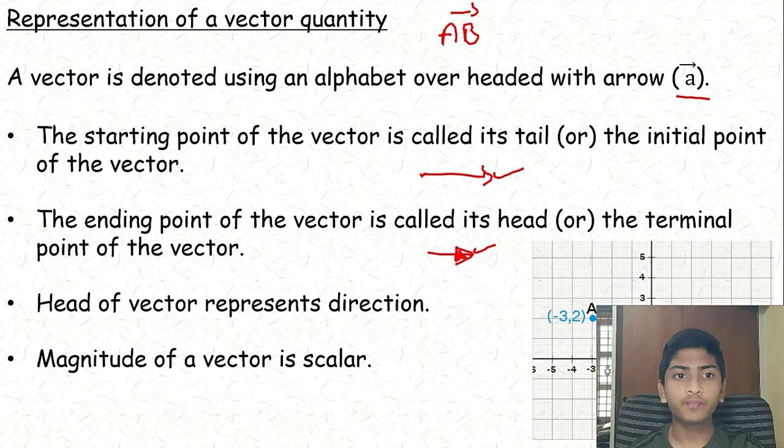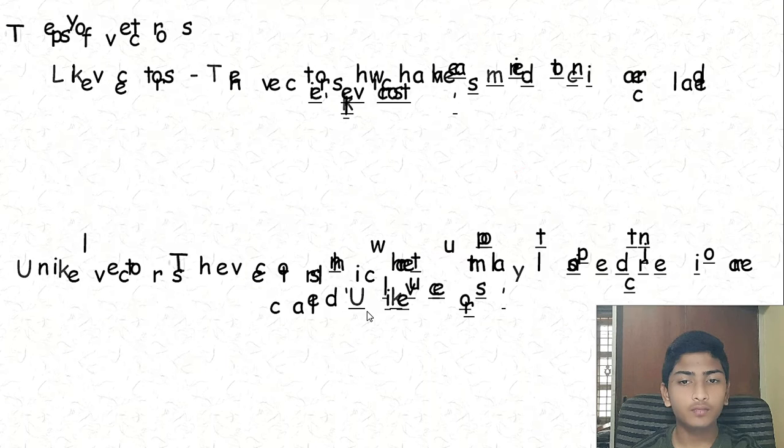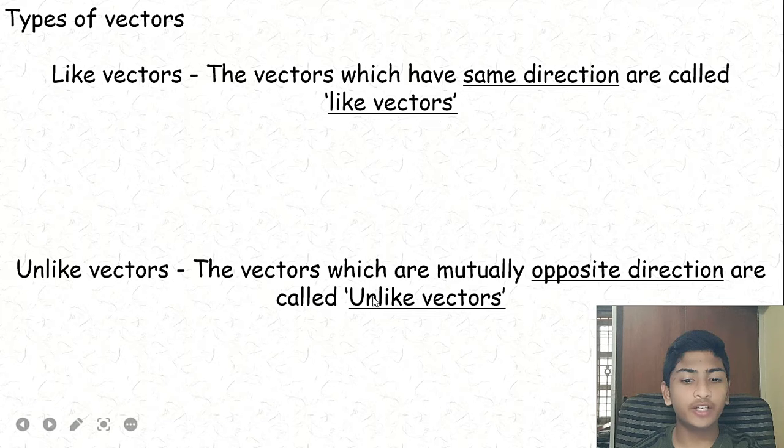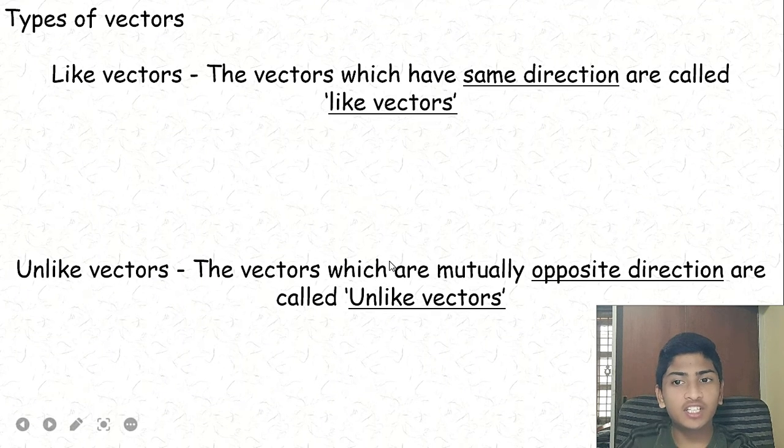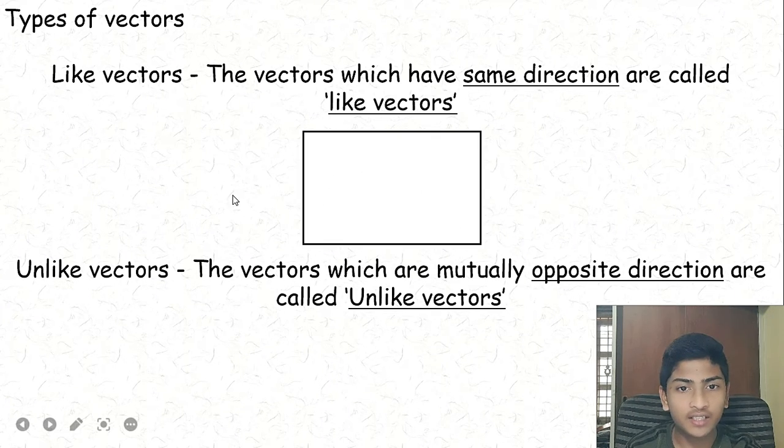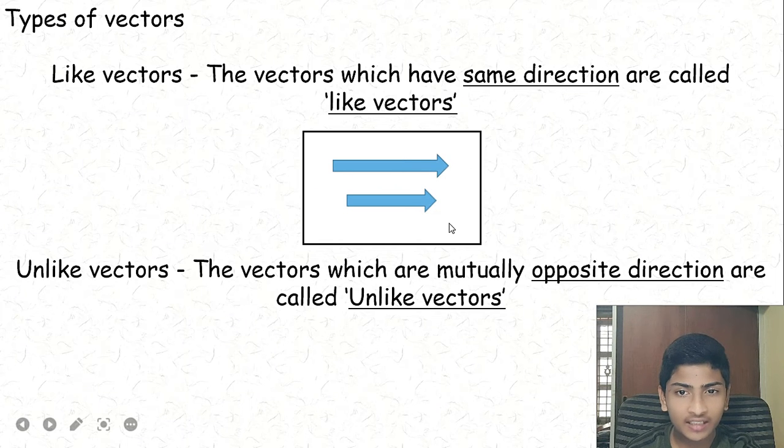Next, types of vectors. There are different types of vectors. Let's discuss them one by one. Like vectors are the vectors which have the same direction. If we take this as a plane and these two are vectors, these vectors have the same direction.